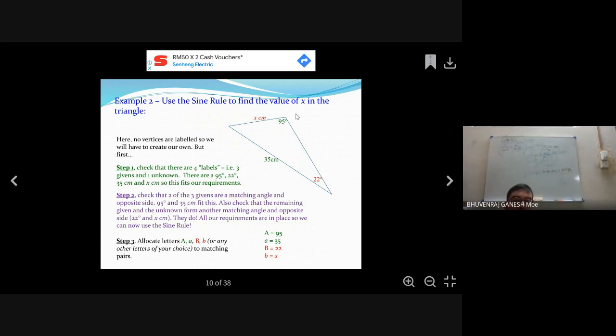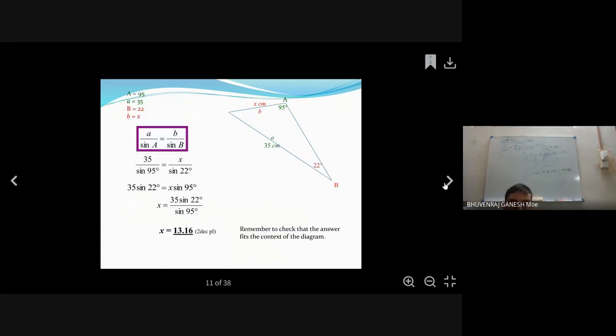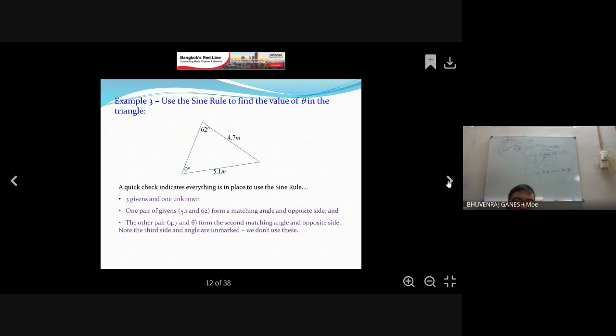Make this one equal to this one. So how they solve it: 35 over sine 95 equals x over sine 22. Cross multiply, you get 35 sine 22 equals x sine 95. Again, make sure x is in 4 decimal places, not only 2. So this is your x.